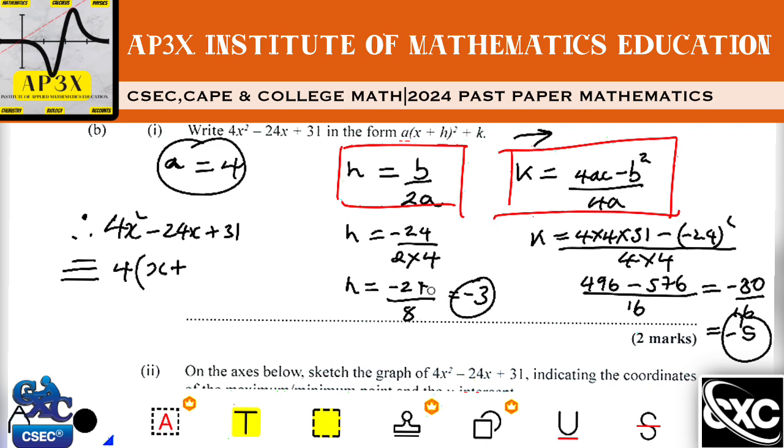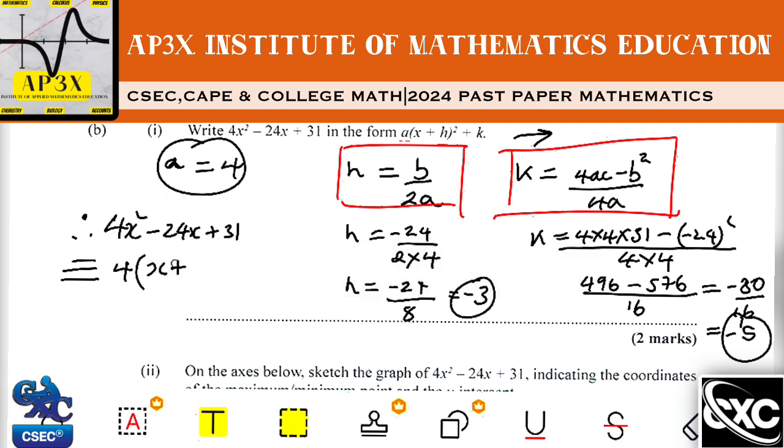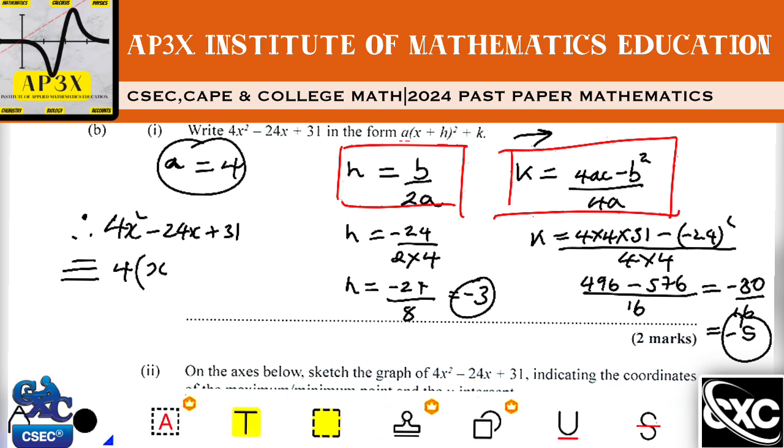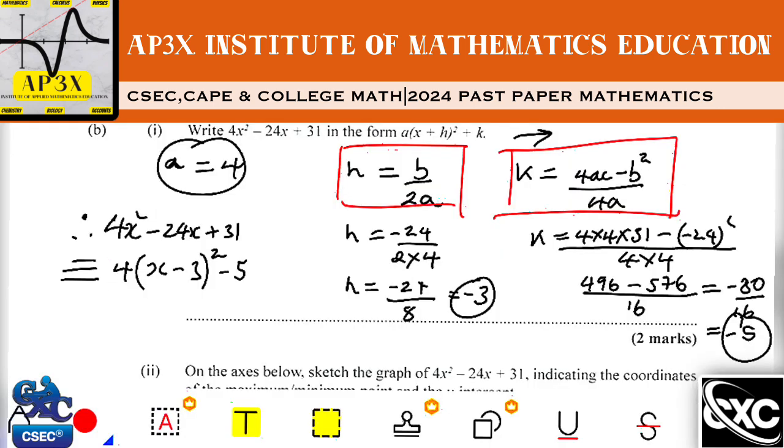In this case, h works out to be negative 3, so this is going to change from a plus to a minus, so that's going to be x minus 3, all squared, and k then works out to be negative 5. Beautiful. So that is in fact our answer for completing the square.